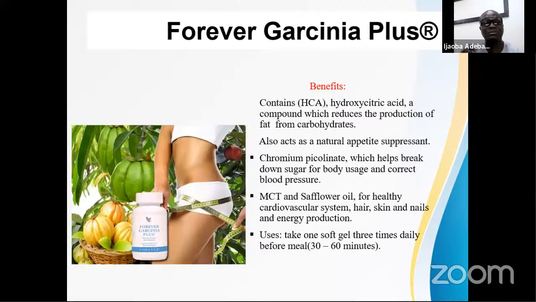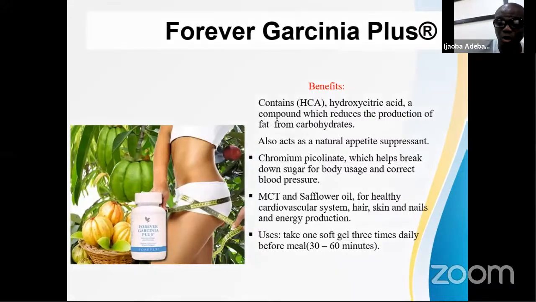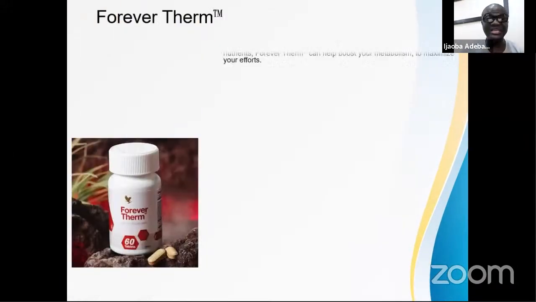It's also rich in MCT, a medium chain triglyceride, which also helps with your heart, and sunflower oil for a healthy cardiovascular system. Your hair: you are losing weight, you are not losing your hair. Your skin is not wrinkling, your nails are coming up, and your energy level. That's what Garcinia does in the C9 pack.